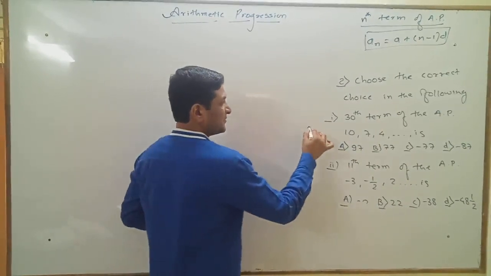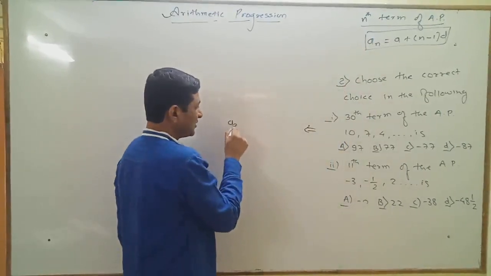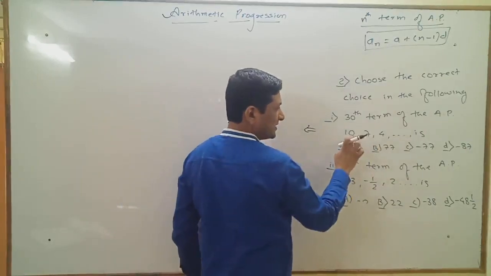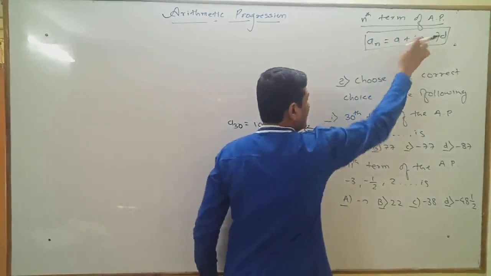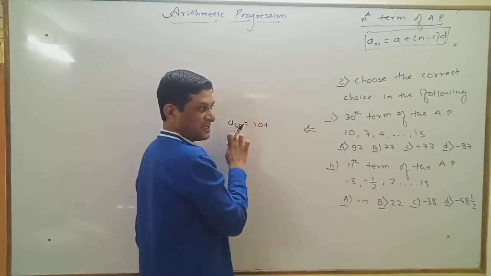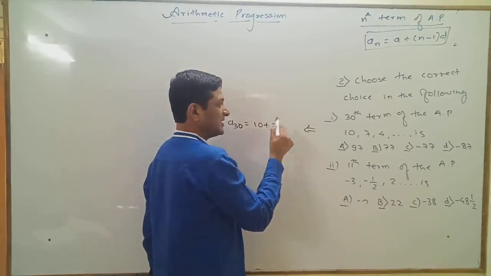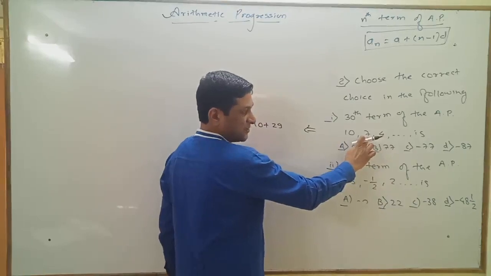See, in this first example, our aim is to find the value of a30, is equal to a, which is the first term here. What is the value of the first term here? 10 plus n minus 1. n minus 1 means what? 30 minus 1. The value of n is 30. 30 minus 1 is 29, into d. d is nothing but the common difference, the difference of any term to its previous term.